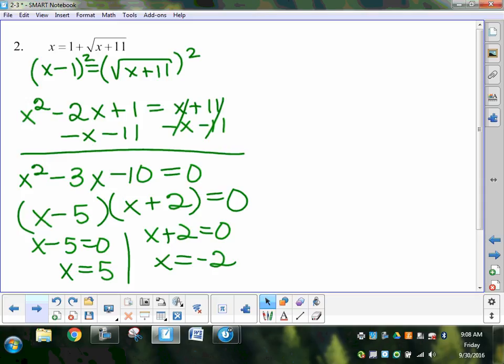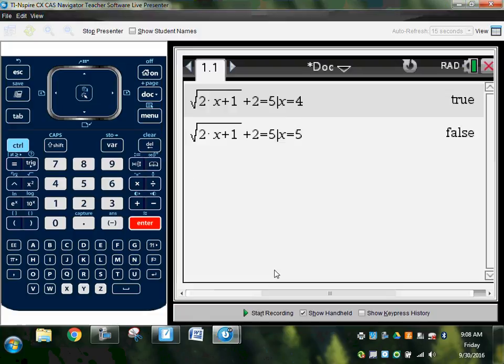Go back up to the original. You're going to do the same thing we did before. Input the question, then do the bar, x equals. Tell me if both of those answers are true or false. Remember, you only need to input it once, because once it's in there, you can go back up, highlight, and modify for the second answer.